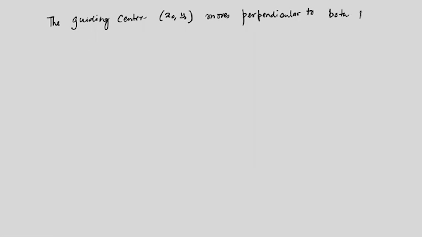The guiding center, which we denoted by x0, y0, moves perpendicular to both E and B. So the charged particle drifts with a velocity v d.